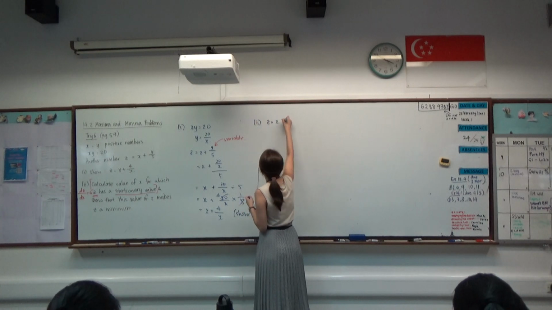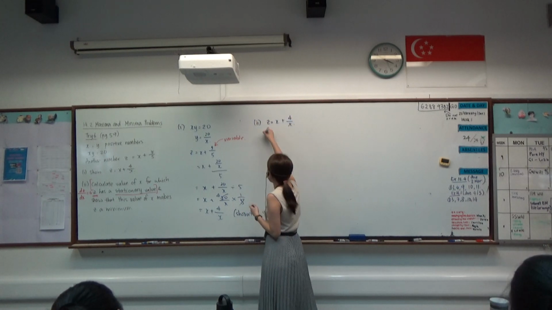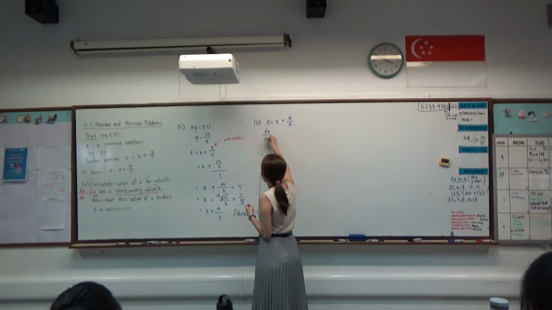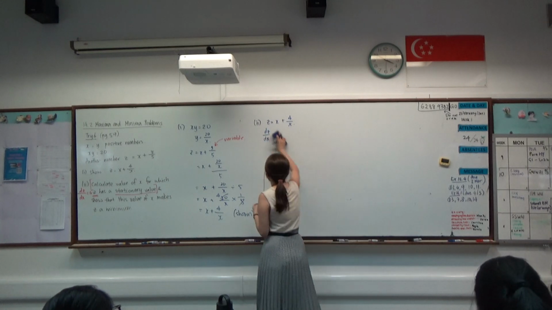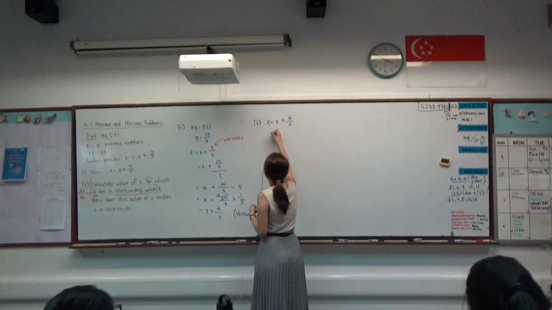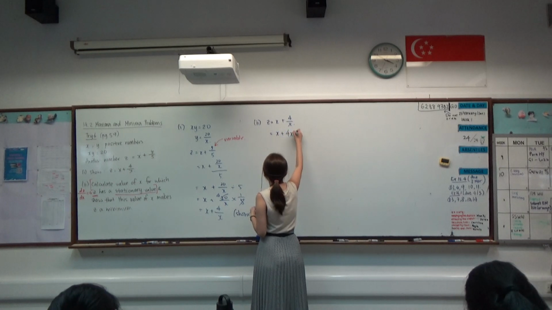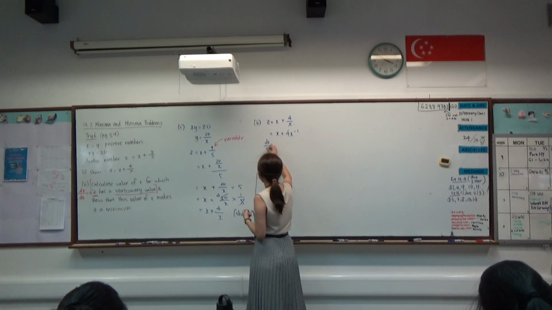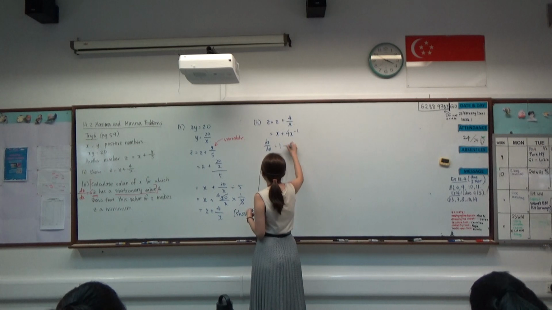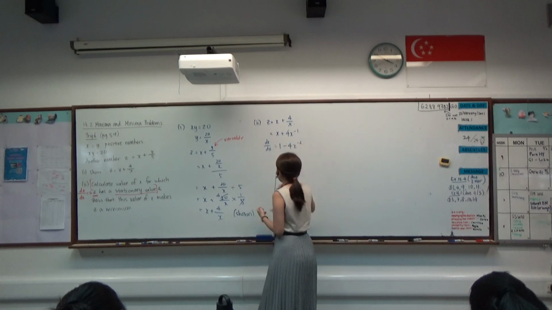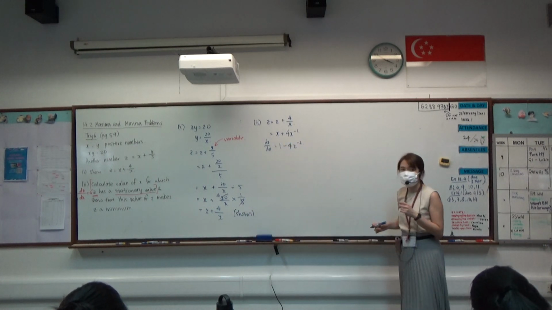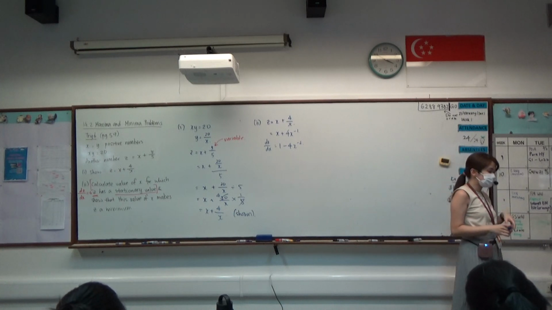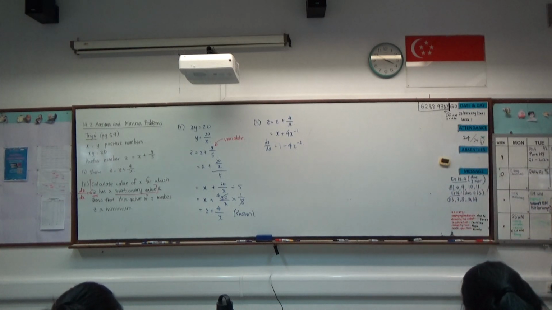Tackling the first part of the question, when z is expressed as this, which actually means this, our dz over dx is 1 minus 4x to the power negative 2.